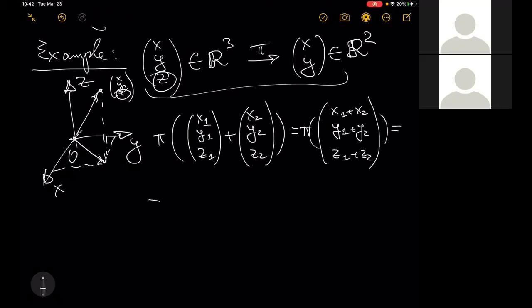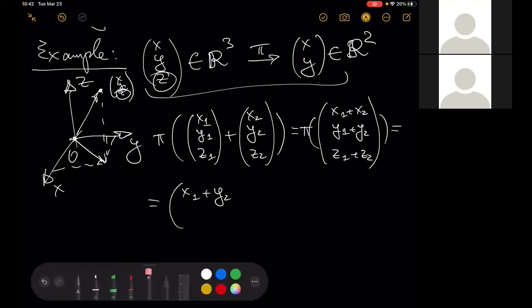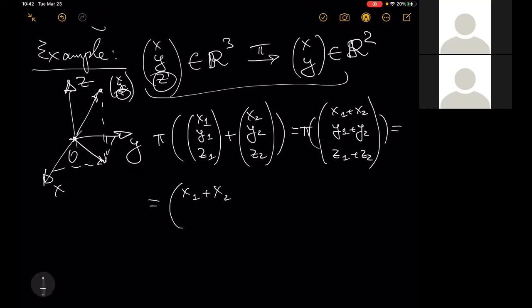So I'm getting that it's x1 plus x2, y1 plus y2.